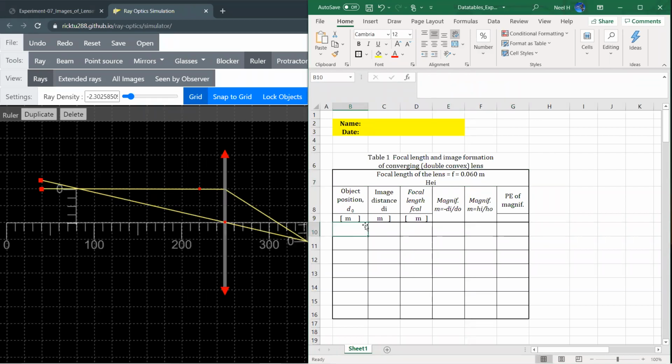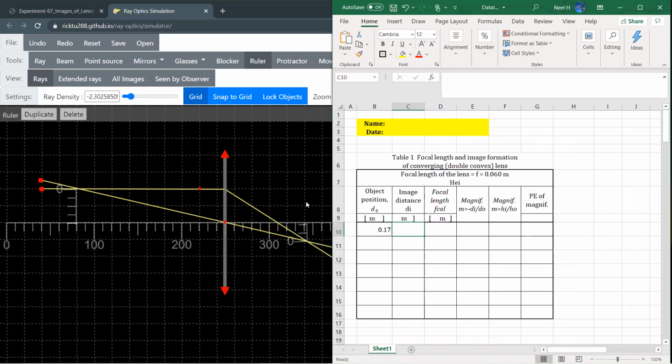Okay, so now the object is at 5, 10, 15, 17 centimeter location, which means 0.17. The image is at 5, this is 10 location, this is 9, so you can estimate 9.5, which means 0.095.